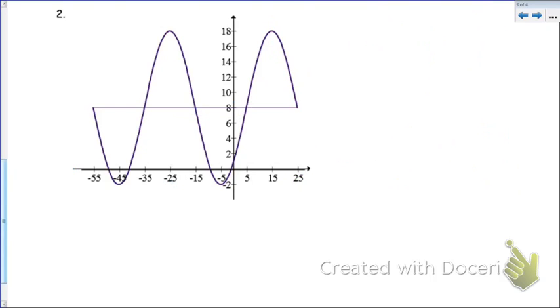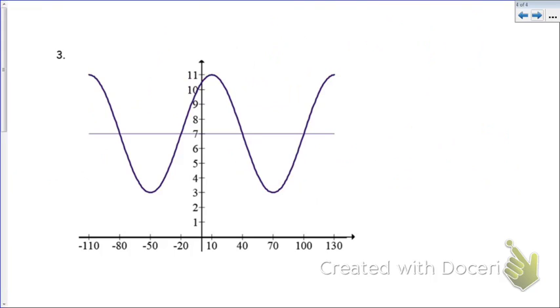All right, then the last example we're going to look at is this one right here. We're going to do the same thing. We're going to fill in my equation, so I'm going to find all four parts. So let's start by finding a. A is the distance from the middle to the top, so a is 4. C is the height of the middle, and my middle on this graph is right there at 7.